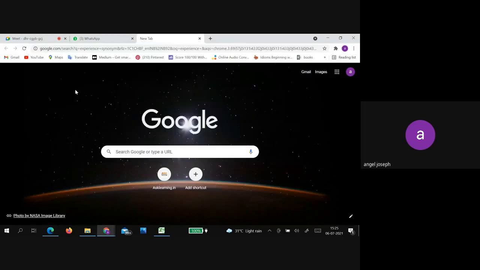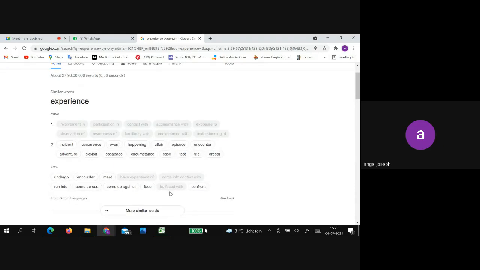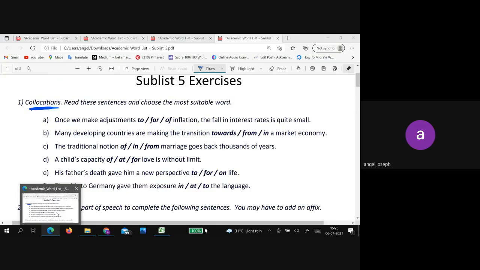Synonym means words that mean the same. So experience is an encounter, something that I had, an adventure. If you use another word, let's say occurrence, saying you don't need any prior occurrence, don't do that. Prior experience is a collocation. It is a word combination used just like that in English. If you just look up a synonym and use it as new vocabulary, people will not understand. That is a trick in English.